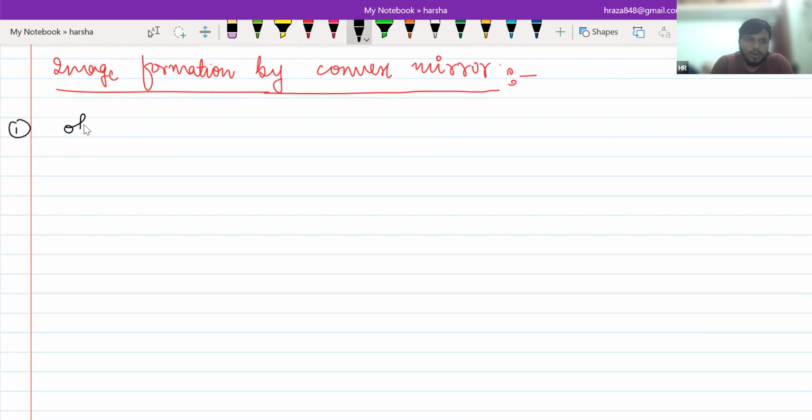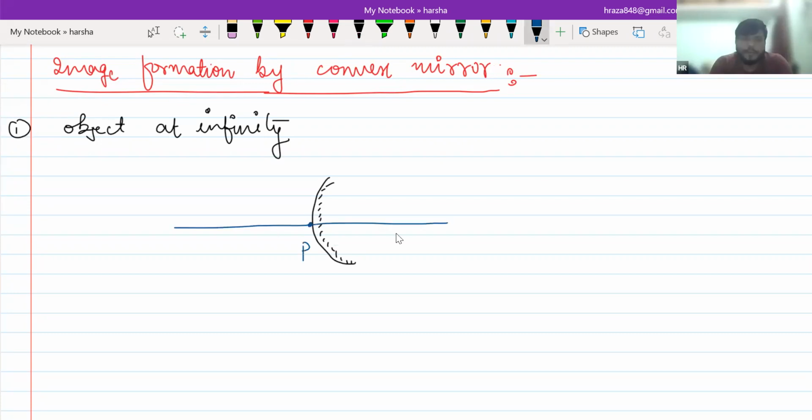See, this is the convex mirror. The curved part is polished. And this is the principal axis, in which this is the pole, this is the focus, this is the center of curvature.